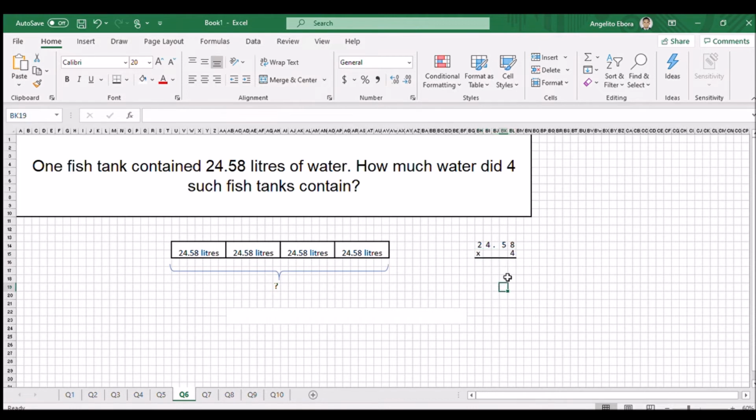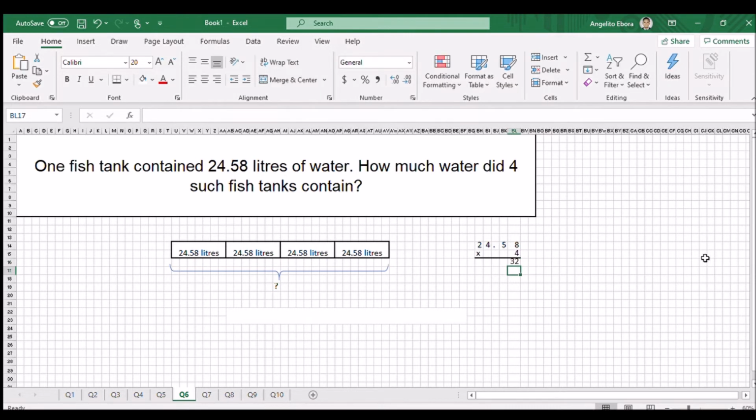So we have 8 times 4 is 32. But we can't write 2 digits in one decimal place, so we leave 2 and move 3 on top of 5. Next, 4 times 5 is 20, plus 3 is 23.